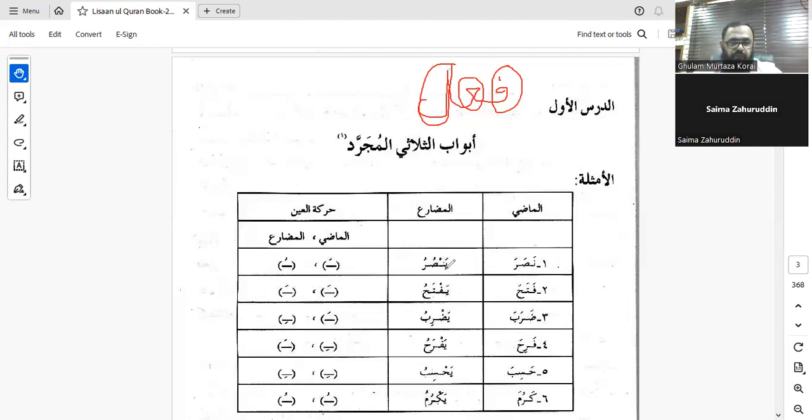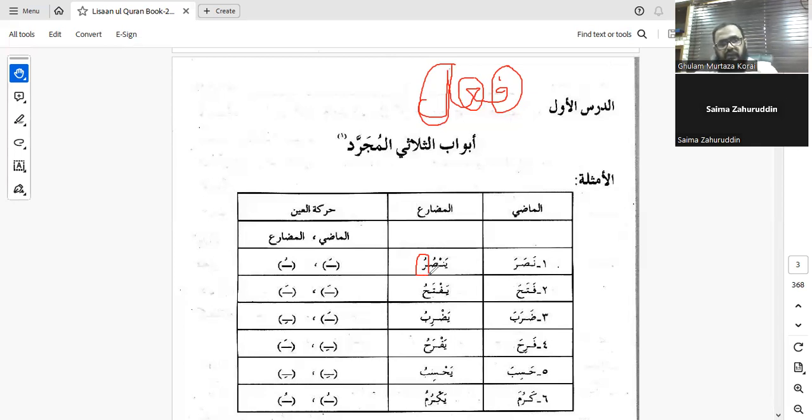Okay. Now, sister, one more thing. I think you remember that in the mufrad sigas of muzare, they take a zamma at the end of the kalima. Do you remember? Yes, yansuru, sir. Tansuru, ansuru, nansuru.